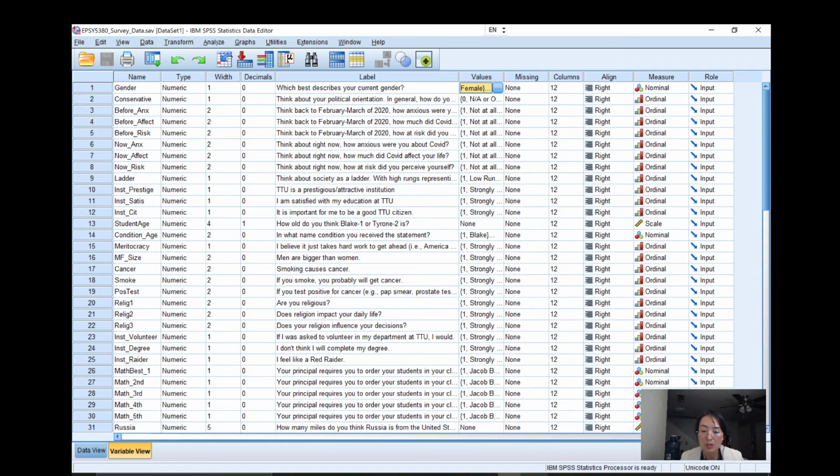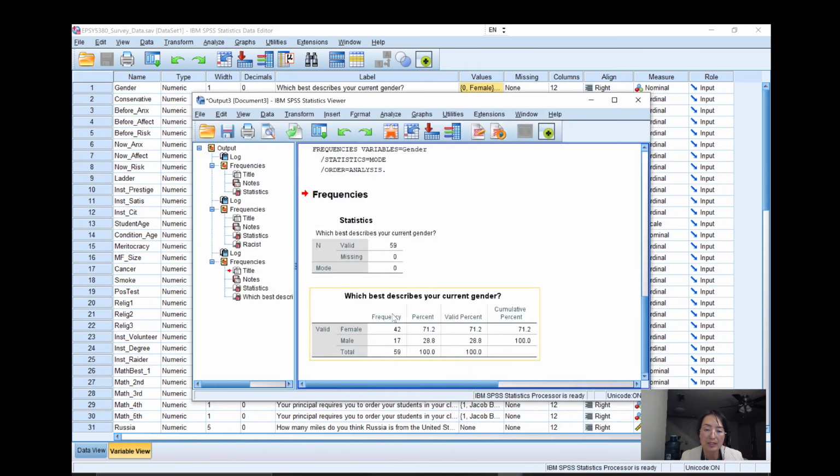For all of these modes, the output will show you, instead of the specific name of the variable response, the number, because it's entered as numbers, and somehow the software doesn't translate it when it's the output inside the table. When it's outside, these labels are translated into the specific categories. However, inside, it's just the number. So we know the mode is 0, and the 0 here means female.